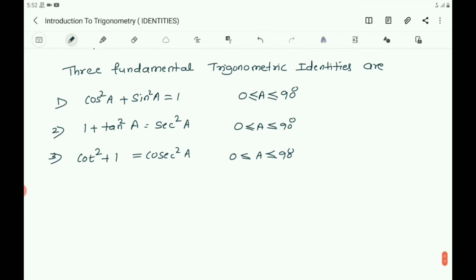First, let us prove cos square A plus sin square A equals 1. Now let us take the right angle triangle and prove that cos square A plus sin square A equals 1.